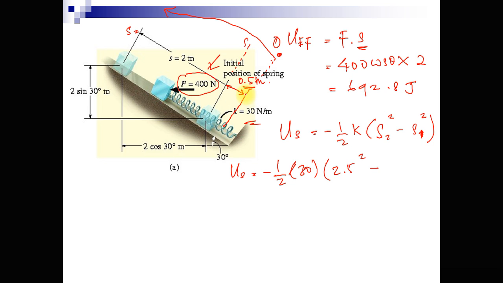S1 is measured from this line, so S1 is 0.5 squared. Then you will get the answer of minus 90 joule for the spring work. So this is work 1, this is work 2.